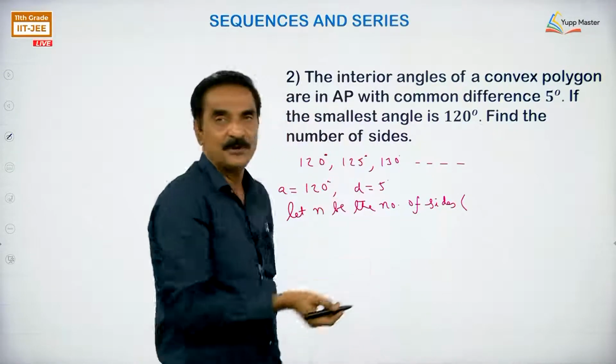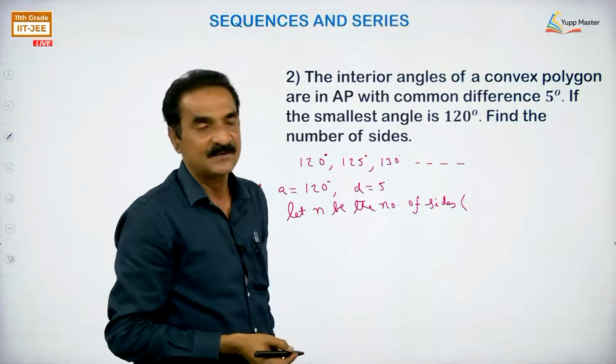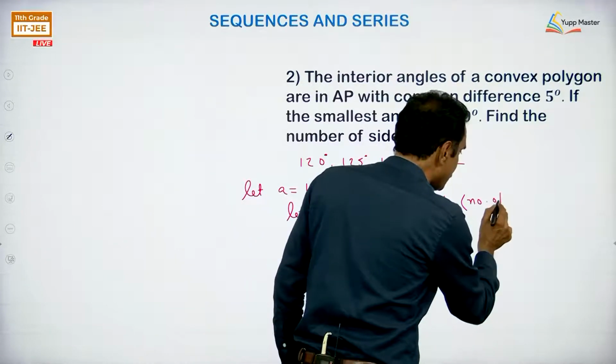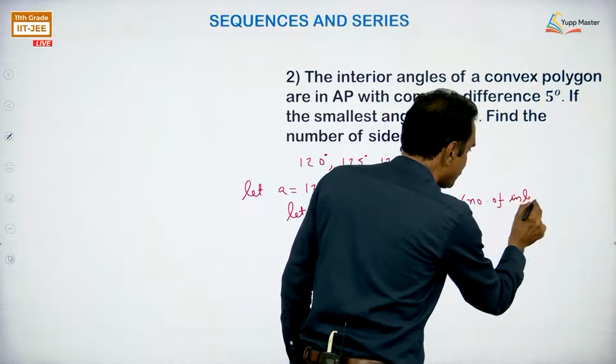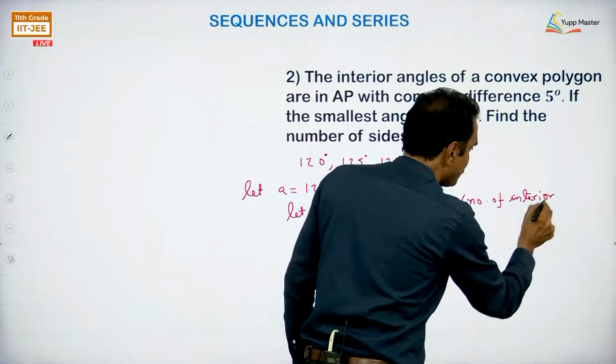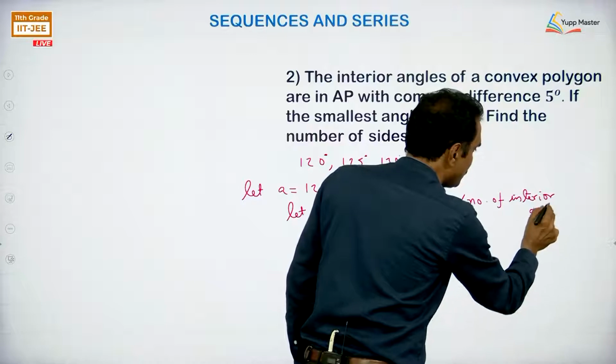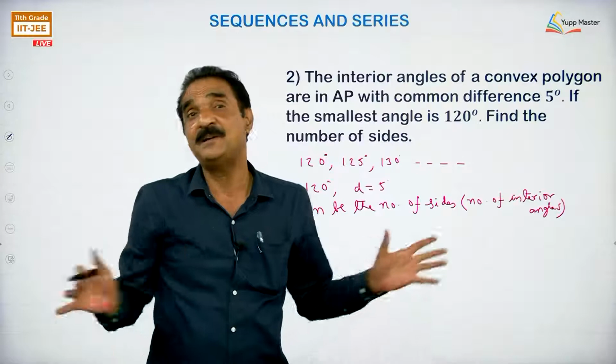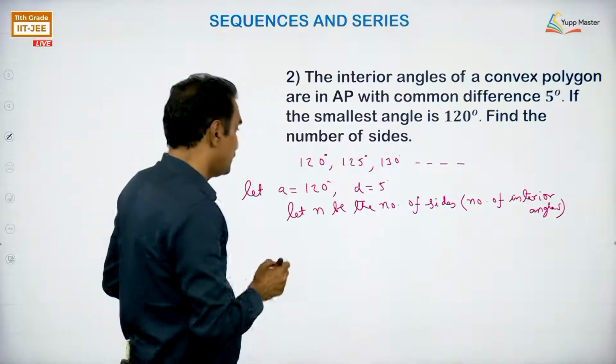Number of sides is equal to number of interior angles, is it not? Alright. Now, I am going to calculate the sum of all interior angles of the polygon.